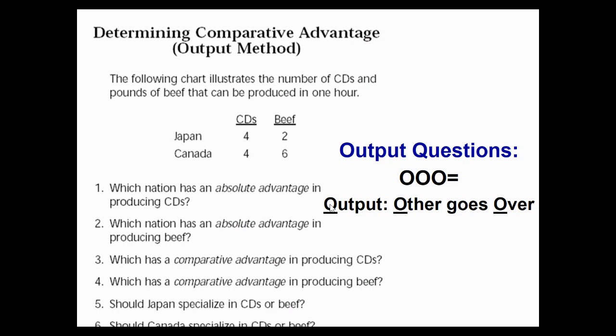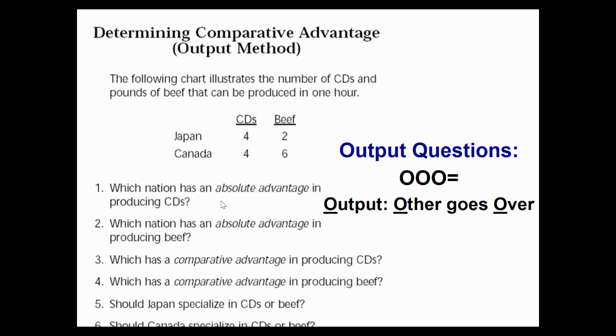It talks about this thing called OOO and IOU, and this is how we're going to calculate things. So let's take a look using the output method, and OOO is the output method. The following chart illustrates the number of CDs and pounds of beef that can be produced in 1 hour, so this is output per 1 hour.